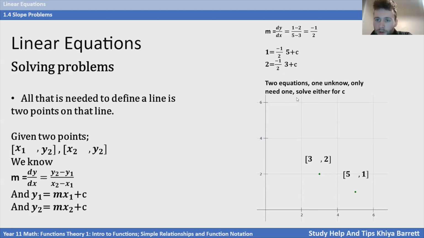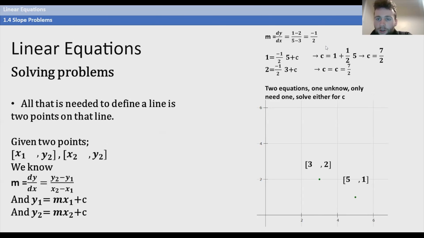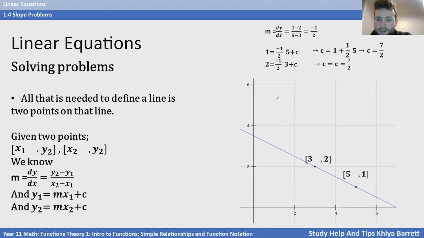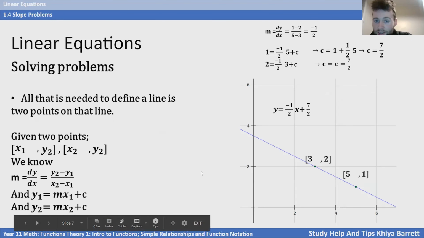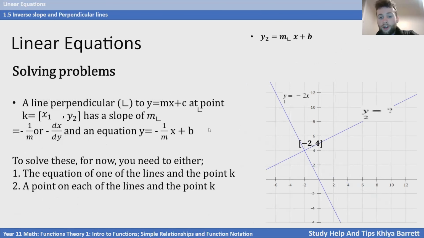So you've got 2 equations, one unknown, only needed one, so you can solve it either way. And as you see, we're going to solve, and we're going to get c is equal to 7/2, and m is equal to 1/2. And so that's going to give us the equation for this line here, y equals 1/2 x plus 7/2. It's quite intuitive once you start getting into it.